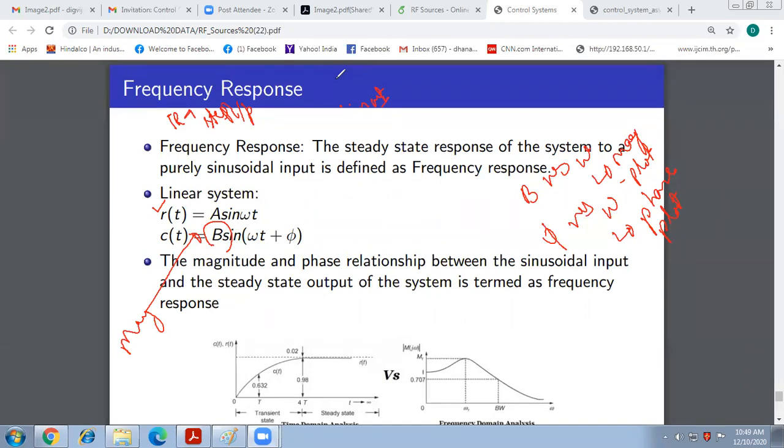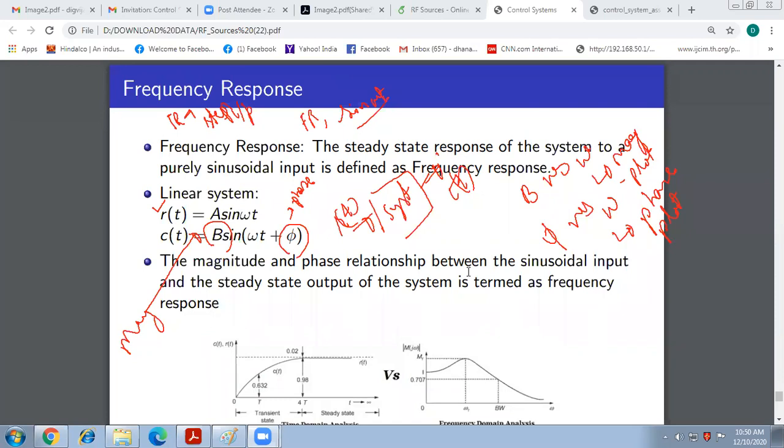Shrivali? Shrivali is busy in breakfast, munching some dosa. Okay, Ben, would you tell something about frequency response?